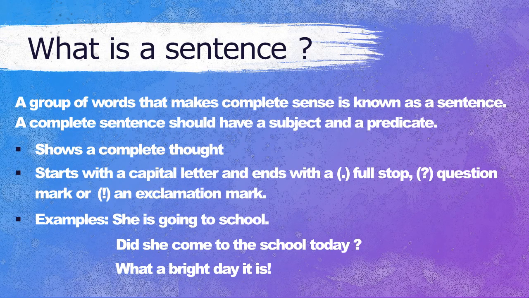Now we are going to study about sentences. What is a sentence? You know that letters come together and become a word. Many words arranged in a particular way, in a proper arrangement, are called a sentence.